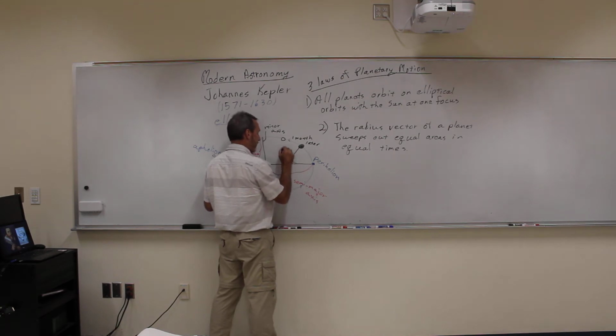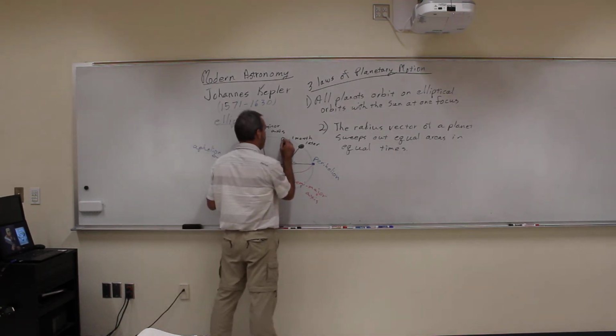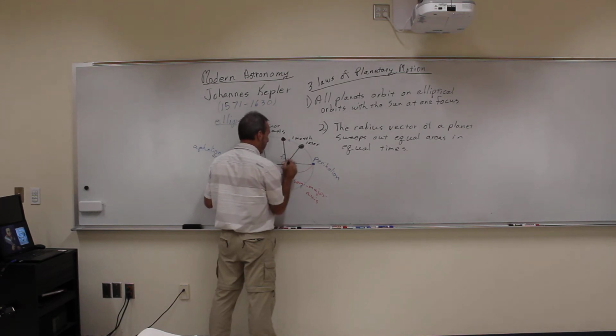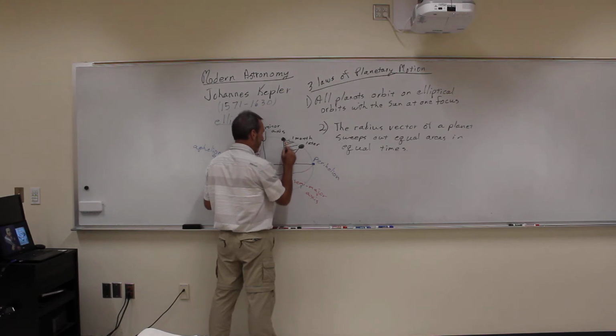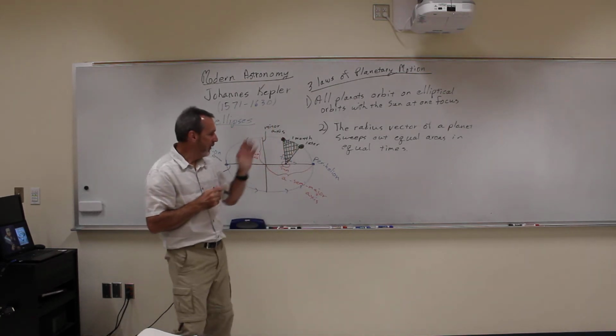So now the radius vector is up here. Okay? Then what it says is it sweeps out this area, this crosshatch area in here. So as it moves, it sweeps out an area.